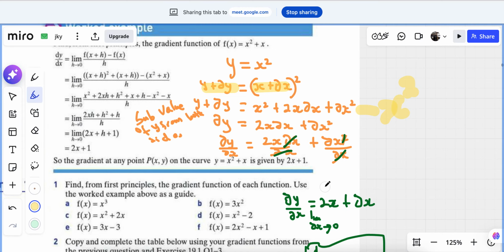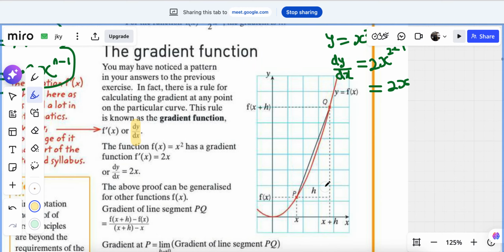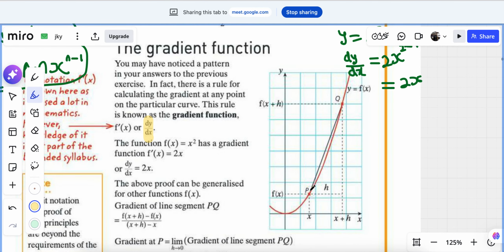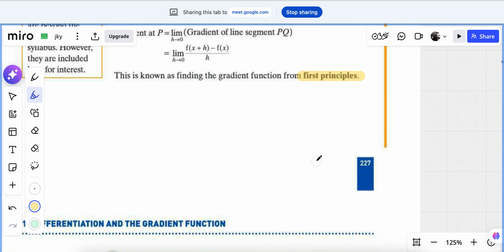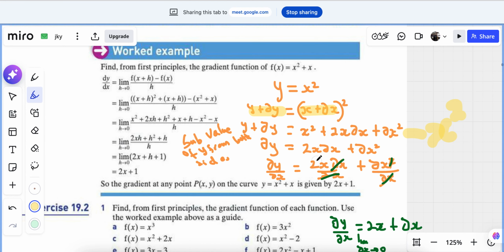As a limit, the points on the curve are coming close to each other. When the two points are coming close to each other, the dx will be approaching 0. That small increment will be tending to 0. When this point P and point Q are getting closer to each other, that small increment dx will approach 0 in maths, in limit, in calculus.